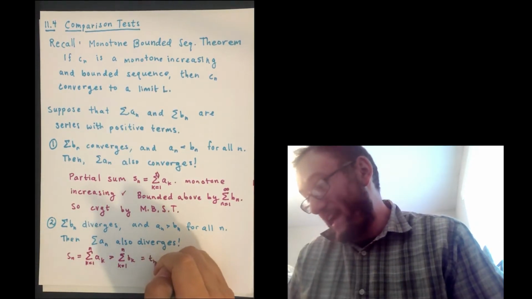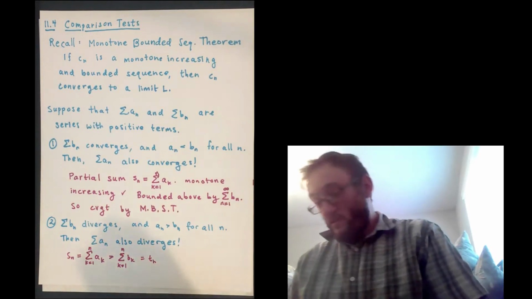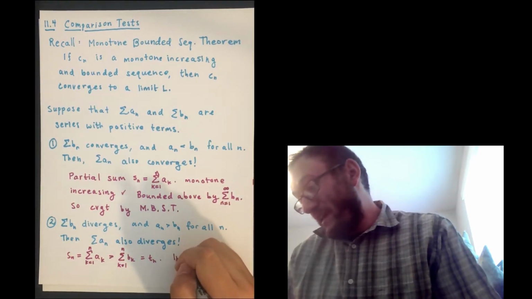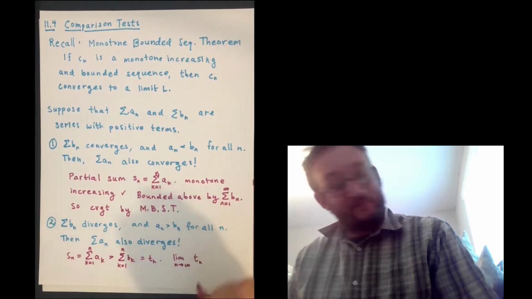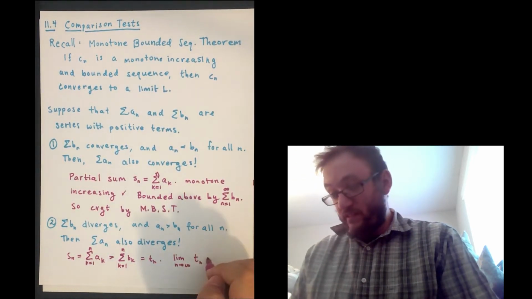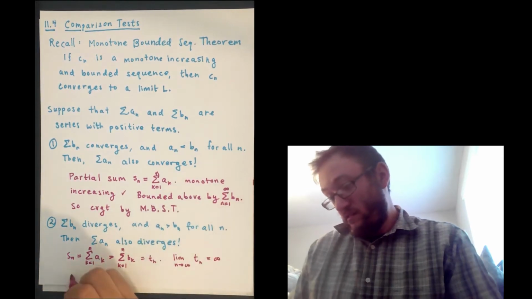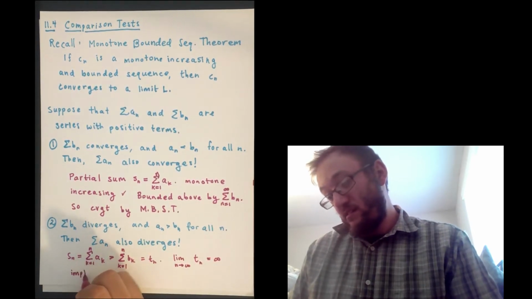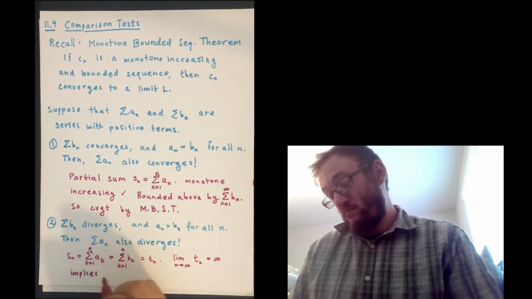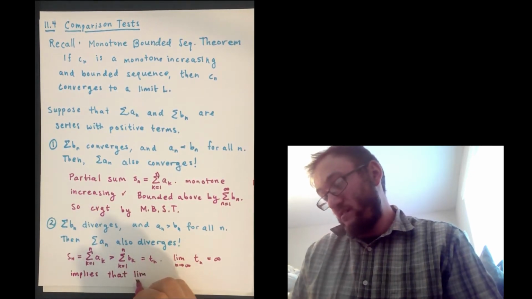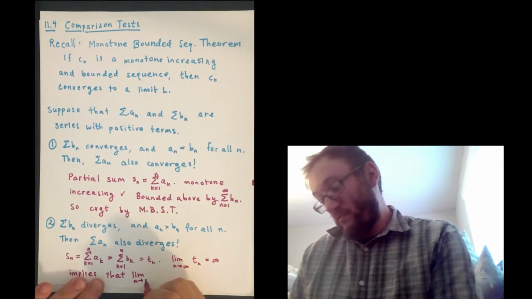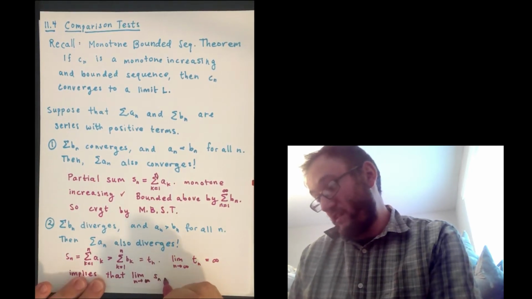Let's call this Tn. Then the fact that the limit as n goes to infinity of Tn equals infinity implies that the limit for Sn is also diverging to infinity.